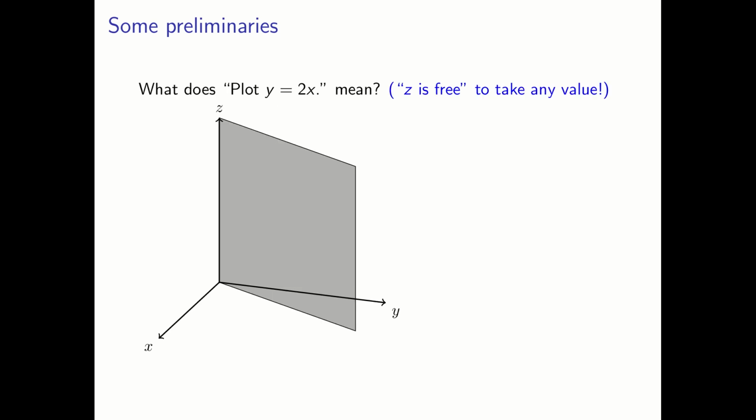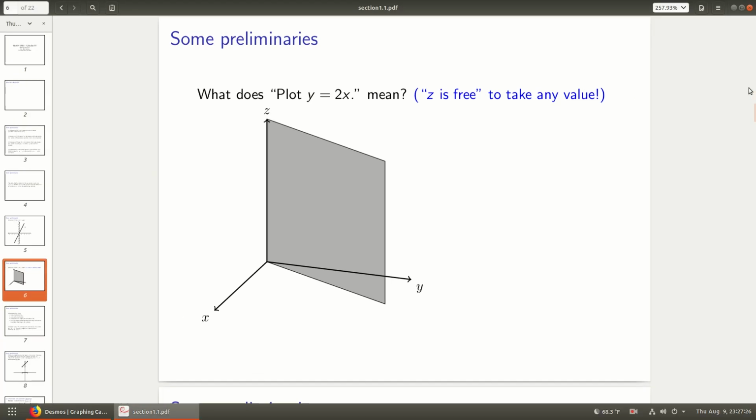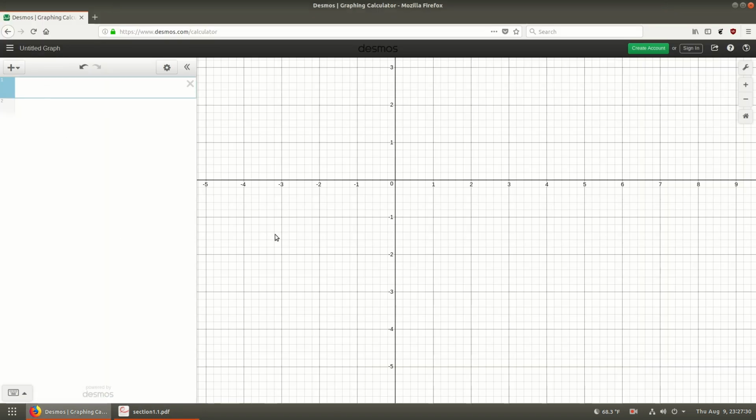But this is also an appropriate take on that picture. If I'm plotting y equals 2x, then you should think of the equality y equals 2x as a restriction. Because what's really happening here when I plot this?